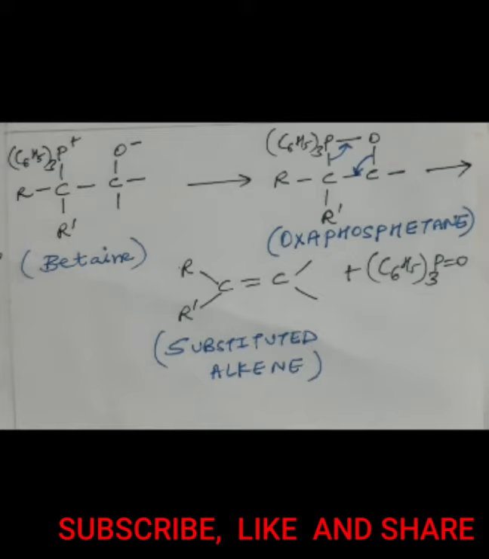Now this particular cyclic intermediate then subsequently decomposes into a substituted alkene and triphenylphosphine oxide. Now what is the driving force for this reaction? Why the conversion into triphenylphosphine oxide and substituted alkene? The only reason for this is the formation of a strong phosphorus-oxygen bond which takes place during this particular decomposition at the expense of the weak carbon-phosphorus bond, right?